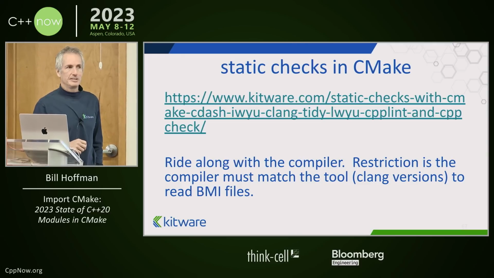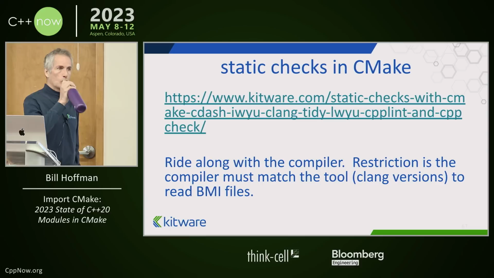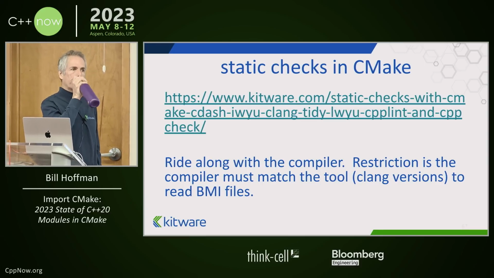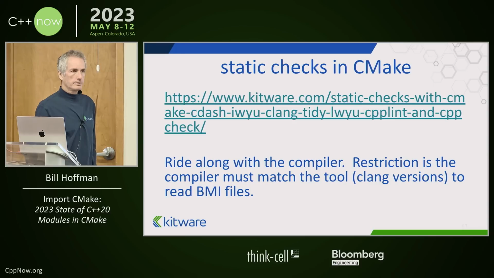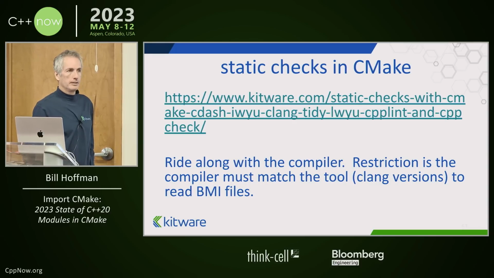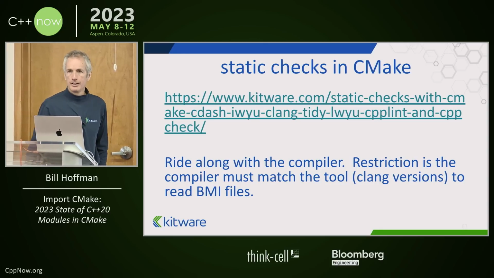I suspect that the ride along that CMake does is just not going to be viable in that case, because you're going to have to essentially get all the metadata and create an entirely new build plan for your static analyzer.